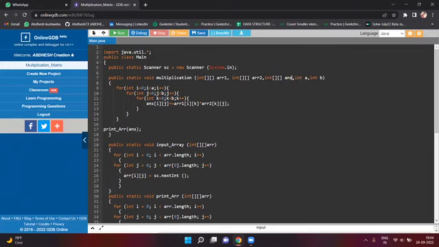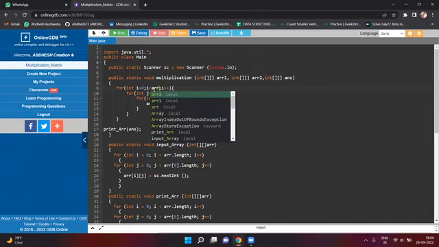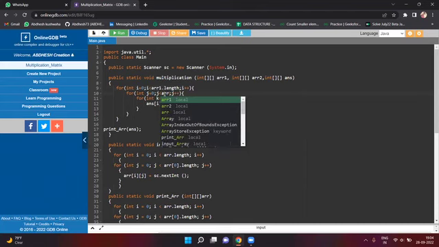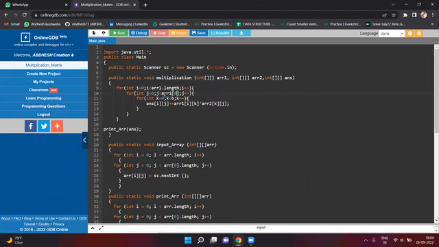Whatever the scenario, remove this and instead of this use ARR1 dot length, ARR of zero dot length wherever required. Multiplying the matrices means taking the first column of the first matrix and the first row of the second matrix, right? So there you have to add ARR1 of zero dot length, no?